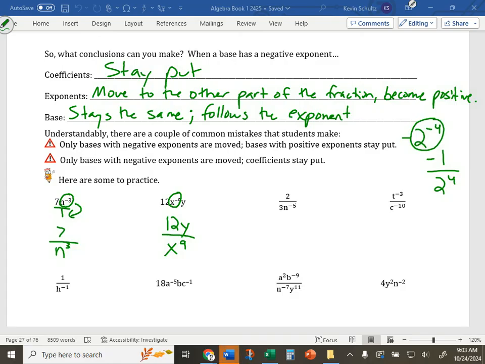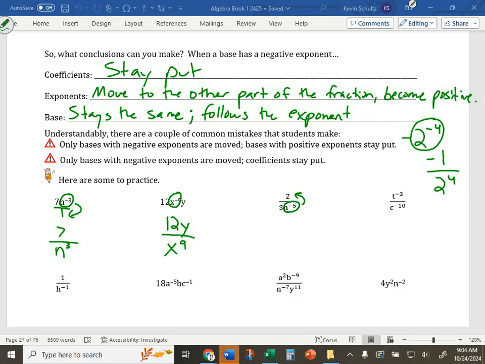Next one, what's getting moved? Henry? Is it the 3? Not the 3. The 3 is a coefficient, the 3 stays put. It is only the base that gets moved, the base with a negative power. And since that negative exponent's in the denominator, Henry, where's it moving to? The numerator? The only other option, it's going up top. Okay?